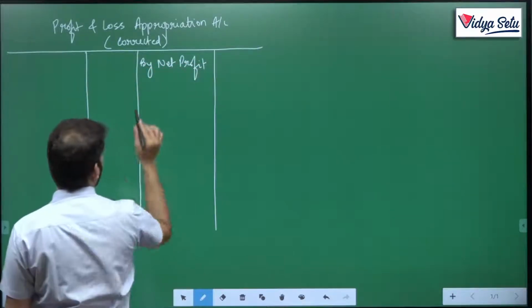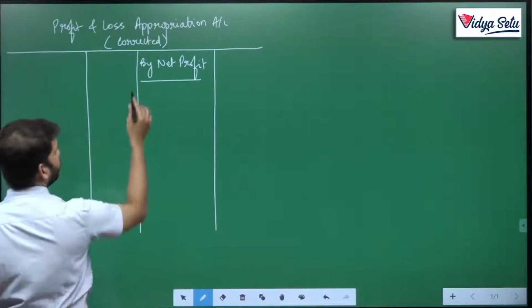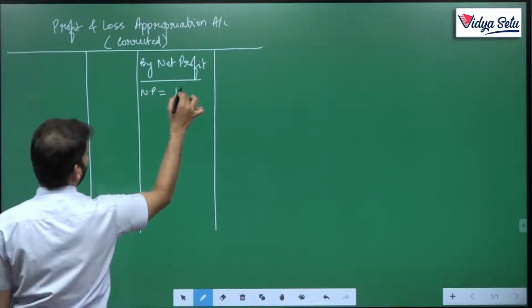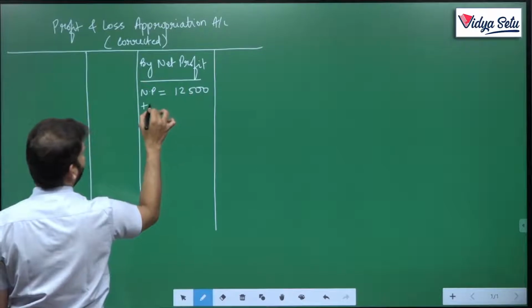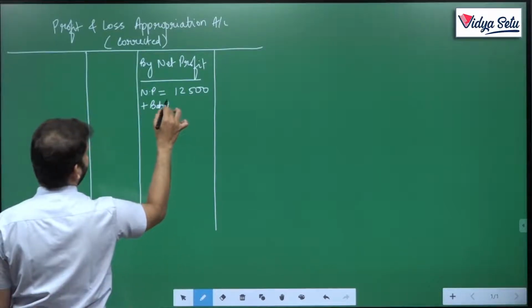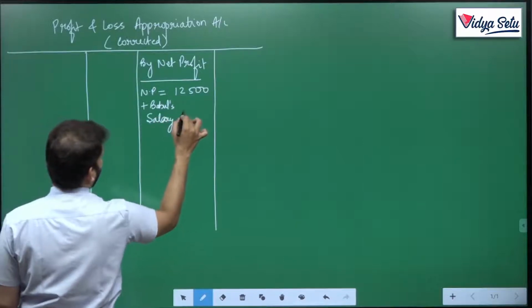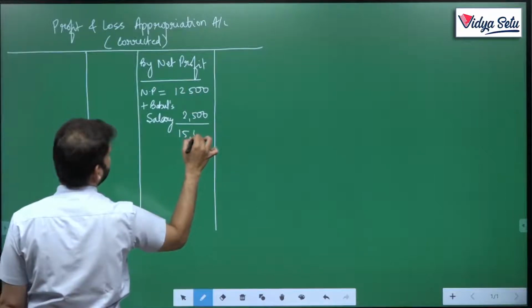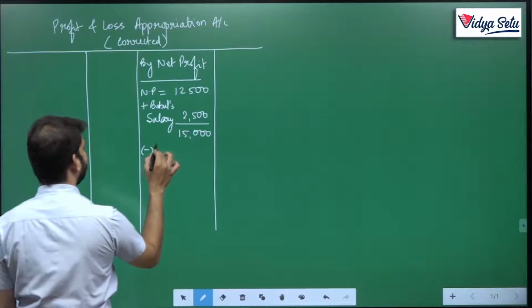Now, the calculation of this net profit is very important. How? Net profit equals 12,500. We'll add back the salary of 2,500, so this comes to 15,000. But we'll subtract the manager's commission provision.